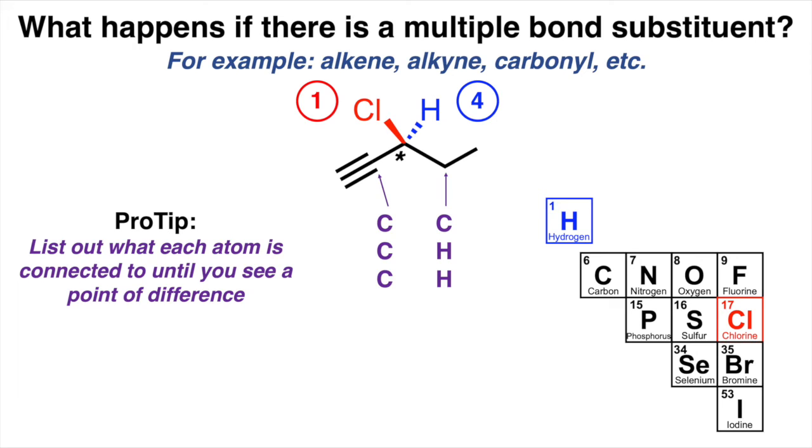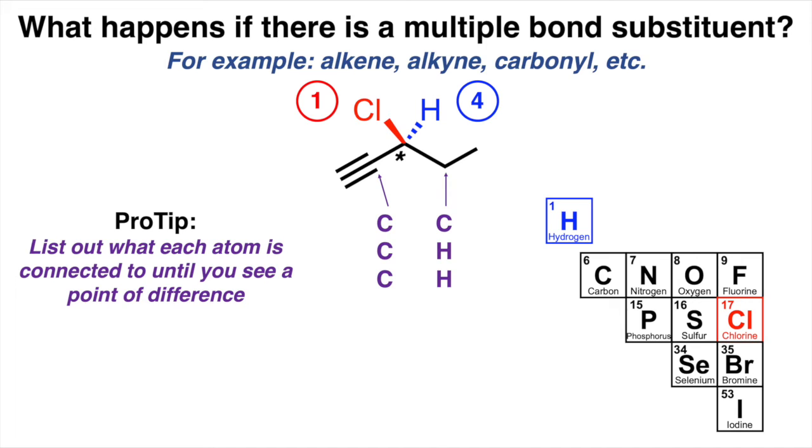So what we'll do is list out what atoms the first atom is connected to. So for the alkyne, we'll list out 3 carbons in a column. And then for the ethyl group, the carbon atom the purple arrow is pointing to is also connected to another carbon to the right, as well as 2 hydrogen atoms. So we'll list those out in a column too.